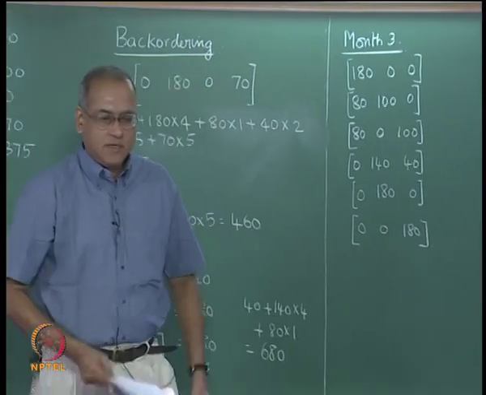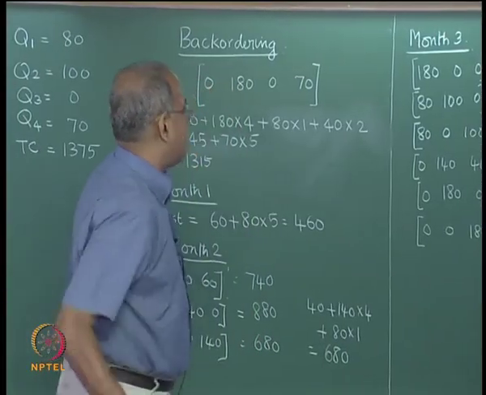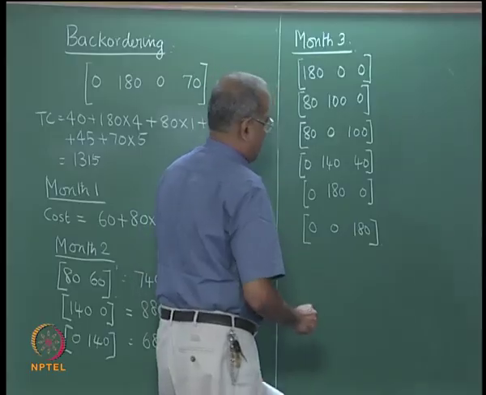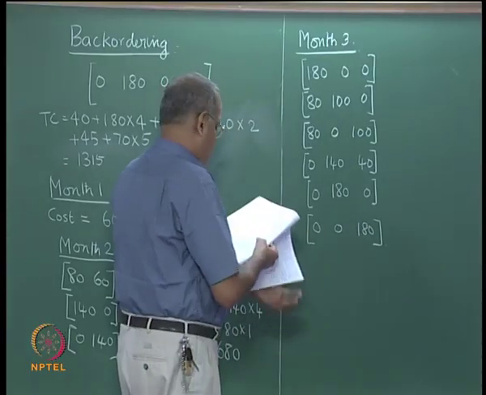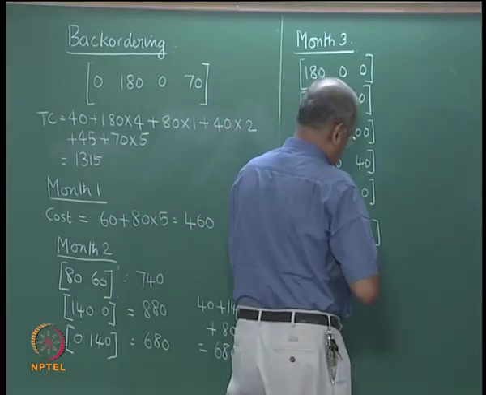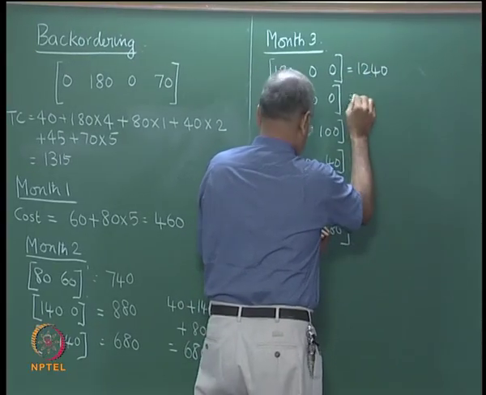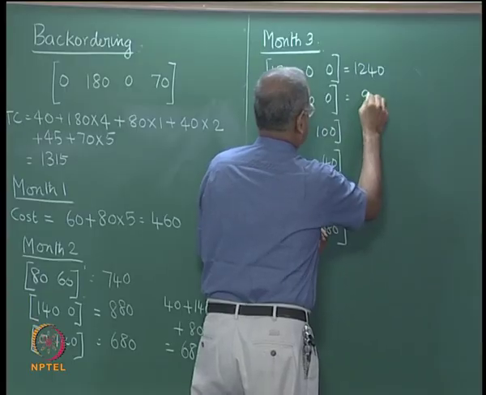So, let us look at finding out the cost in two such instances. So, we will show the computation. For 180/0/0 the cost is 1240, for 80/100/0 it is 980.